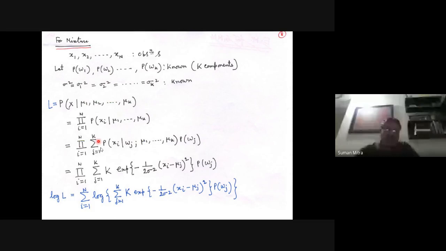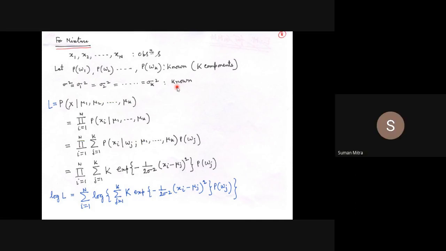Because of this reason, take out this derivation and slowly go through it and let me know whether you have any problem. Here, what we assume is that W1, W2, Wk are known. Sigma 1 square, sigma 2 square, sigma k square are all equal and known, equal to sigma square. Even then, we are getting a very, very complicated expression.